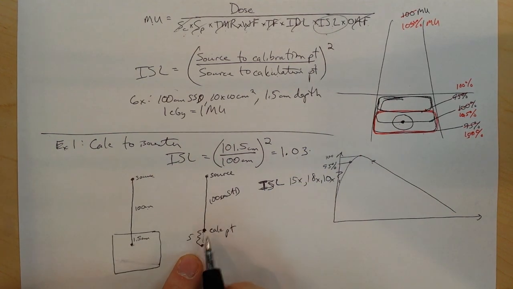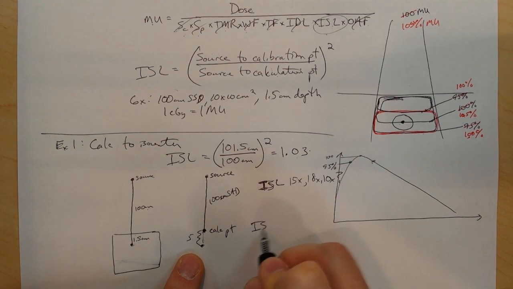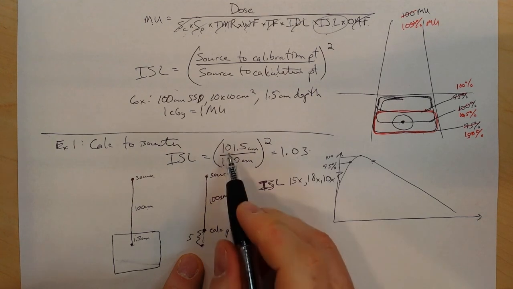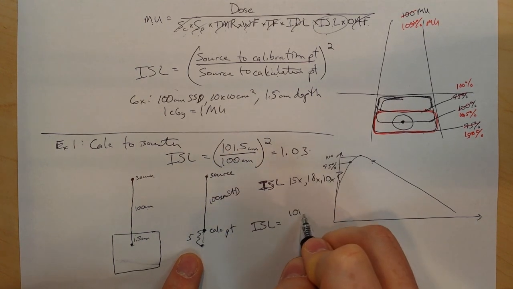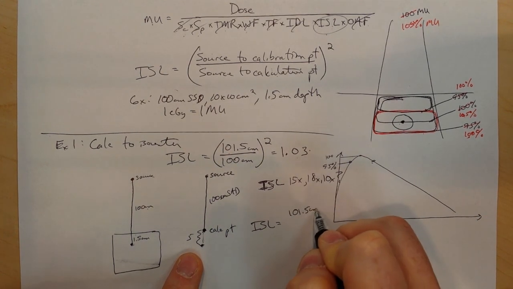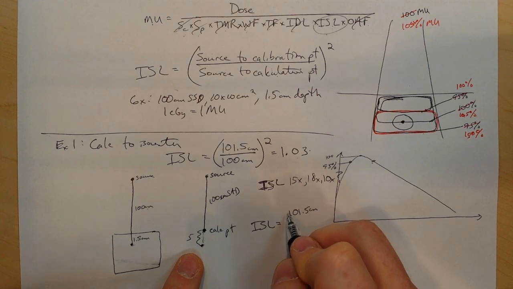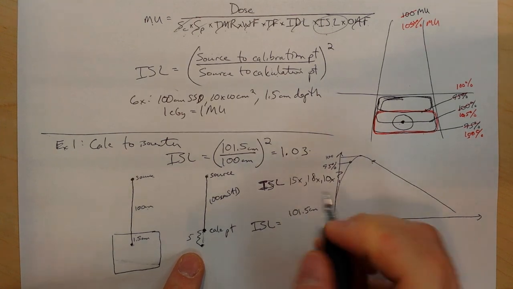Now how do we calculate the inverse square law? Inverse square law is going to be the same thing as 1.015. That's our source to calibration distance. Source to calibration distance is going to depend on the facility that you're at as well as the energy that you're calculating.